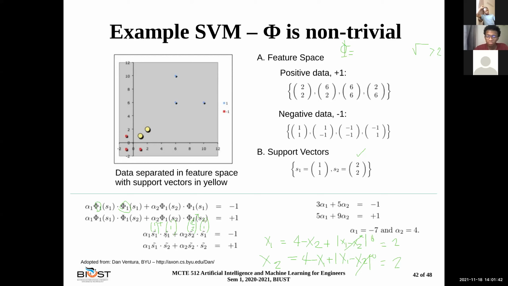What happens here? There's a missing one. If you remember, this information here is the augmented support vectors already. That means that after you transform them into the feature space, then you augment it by one.